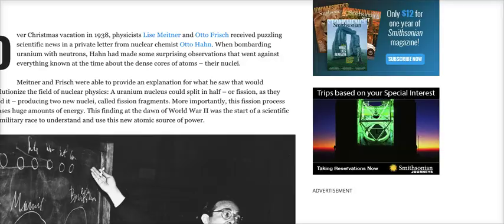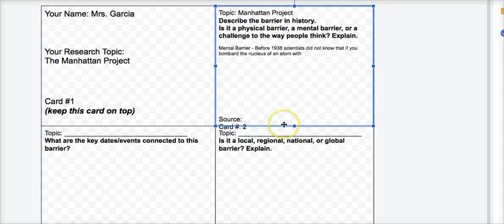Okay, neutrons. I have to say, bombard the nucleus of a uranium atom with neutrons, it splits into fission, and that creates a lot of energy, period. Okay, so that is the barrier. The barrier was we didn't know about it, and now we do.